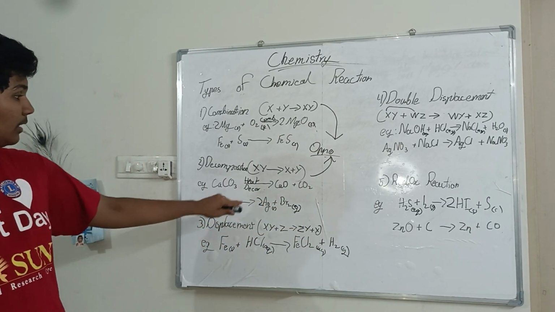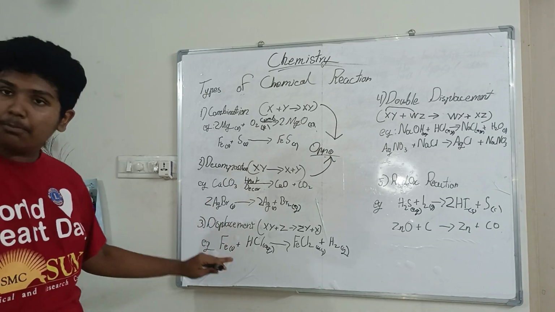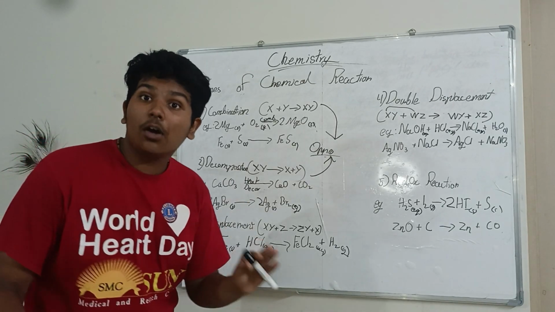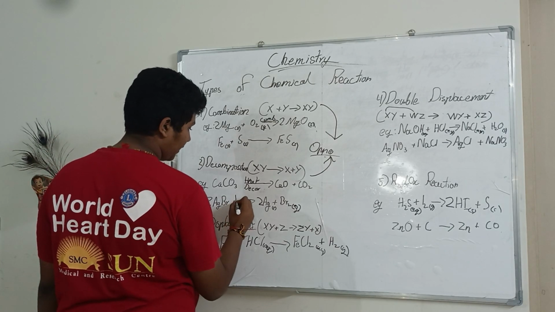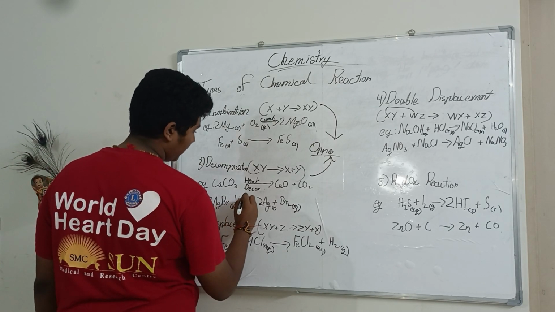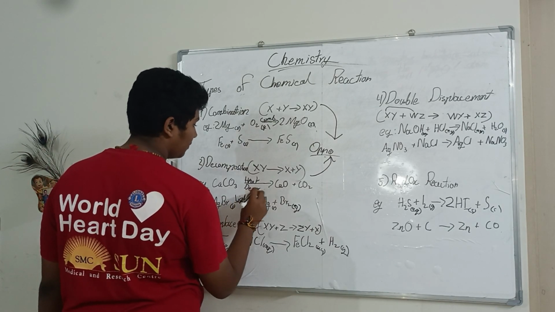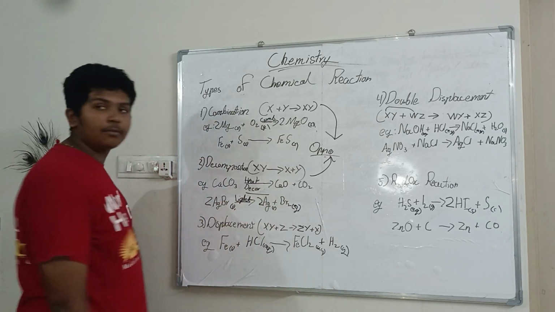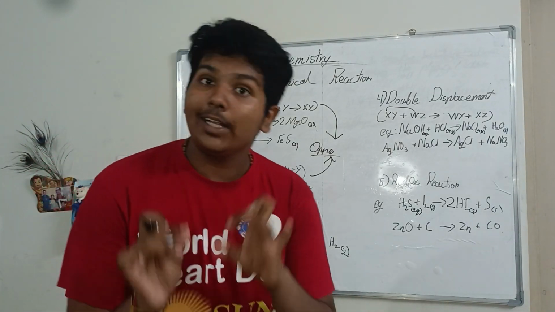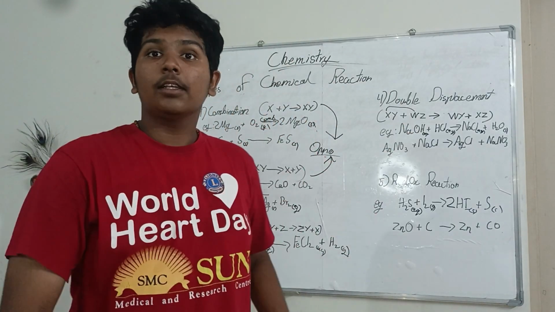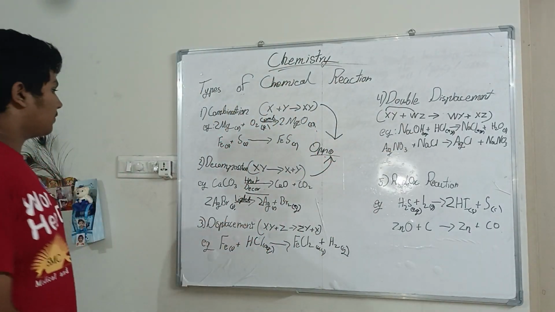But it is decomposing under the presence of sunlight. So you have to write here light over the arrow. So it is undergoing photolytic decomposition. What is it? Photolytic decomposition.